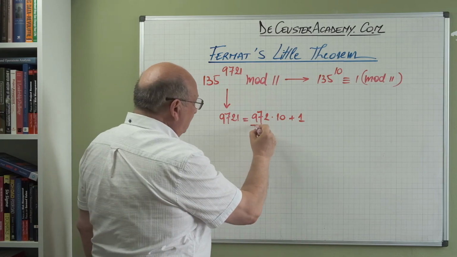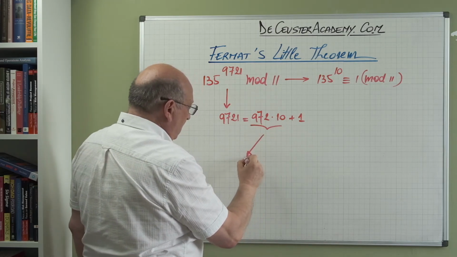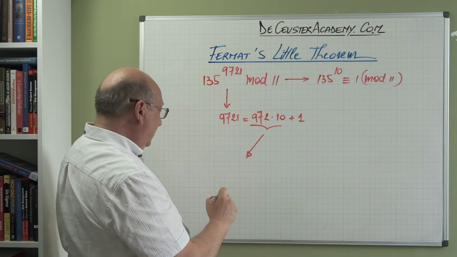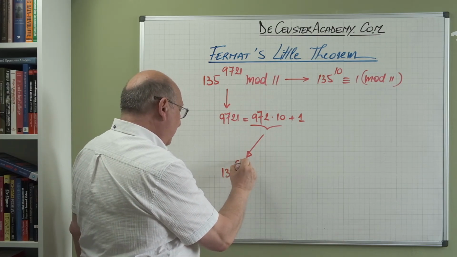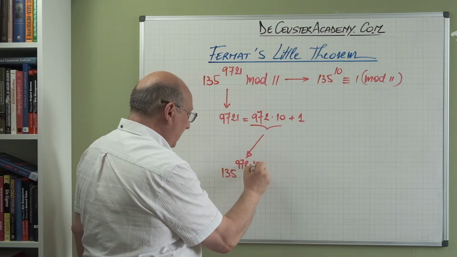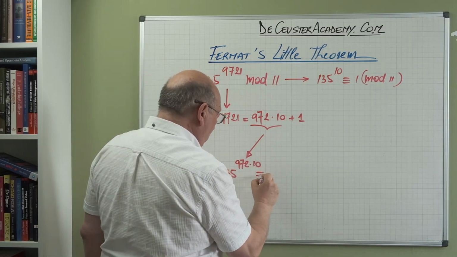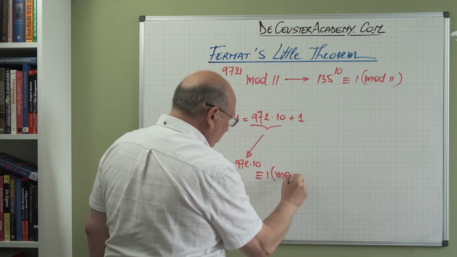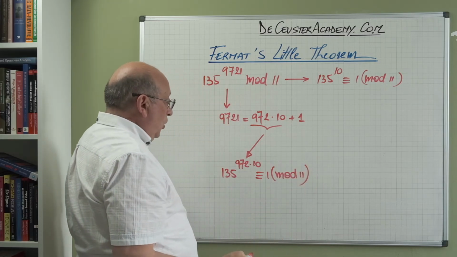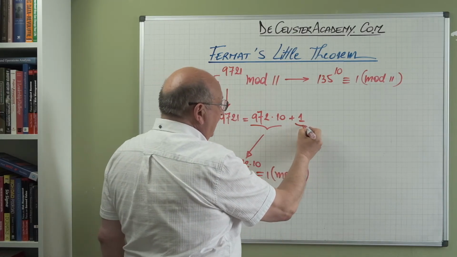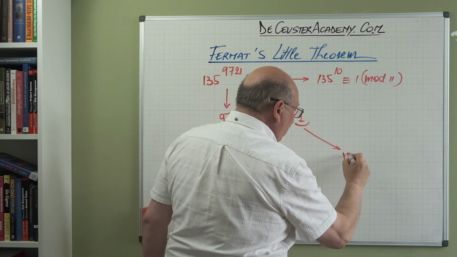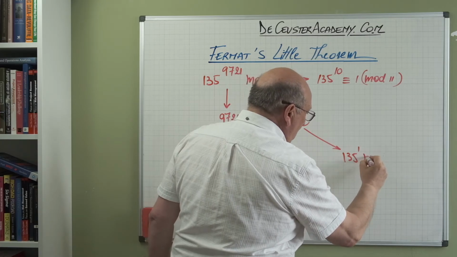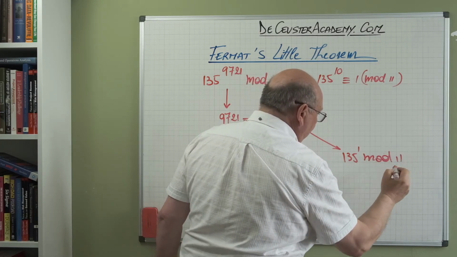And we know from the Fermat theorem that 135 to the power 972 times 10 is congruent with 1 modulus 11. So basically the remaining thing that we have to do is to calculate 135 to the power 1 modulus 11.